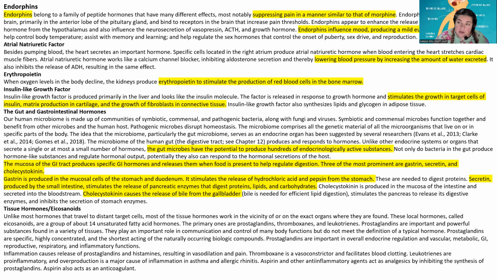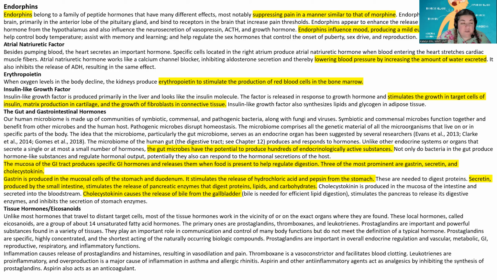Again, we've got to mention the gut and gastrointestinal hormones because it's just so cool that your bacteria actually have a massive role in how you behave, how you grow, how you respond to things, how you feel emotionally, and it has the potential to produce hundreds of active substances that interact with your endocrine system.